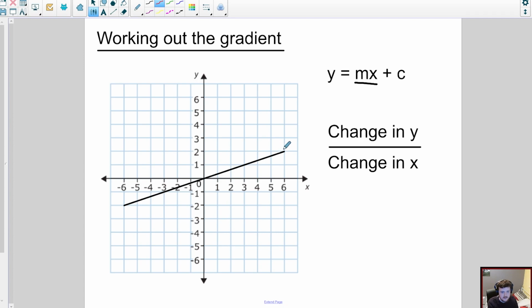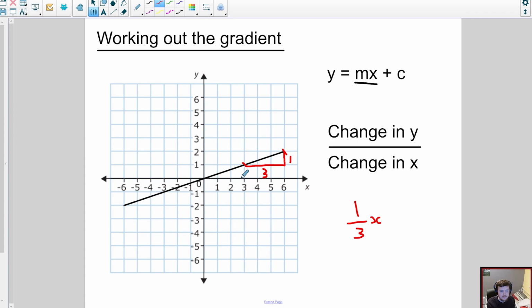So let's say 6 and 2 and 3 and 1, like that. I make my little triangle. I work out how far along I've gone, which is 3 and 1. The change in y therefore is 1. The change in x is 3. And so my gradient is going to be a third x.